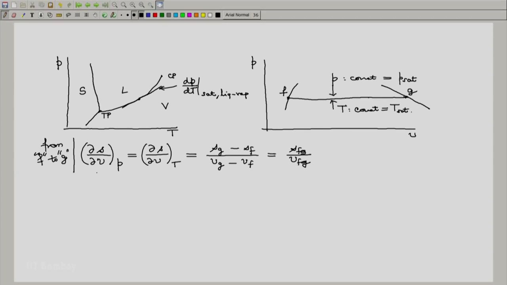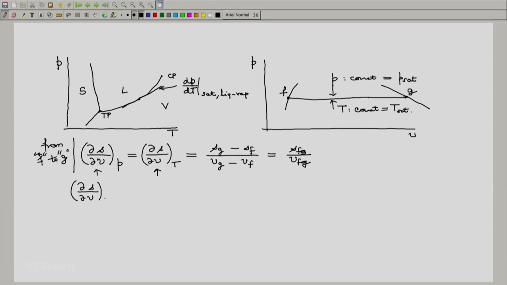Now notice that both these partial derivatives are represented in the Maxwell's relations. So, without spending much time on it, I will use the relations. I recommend that you check this out.